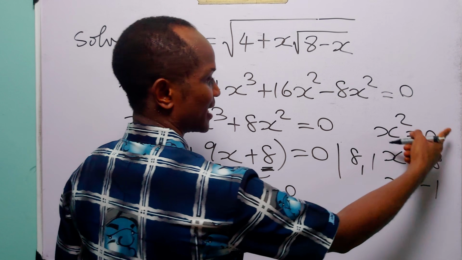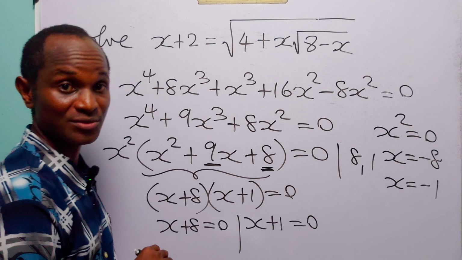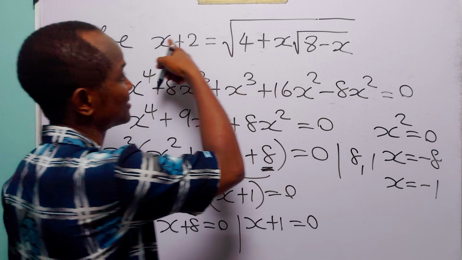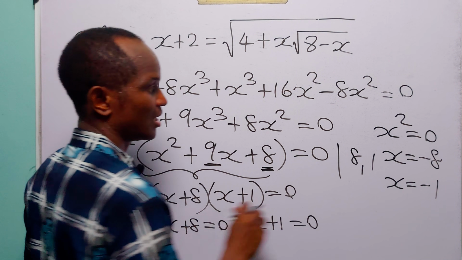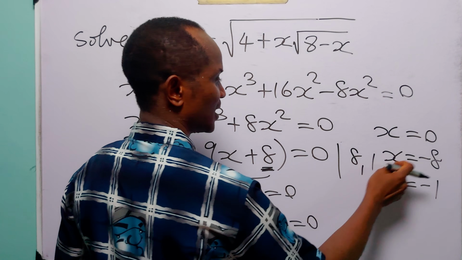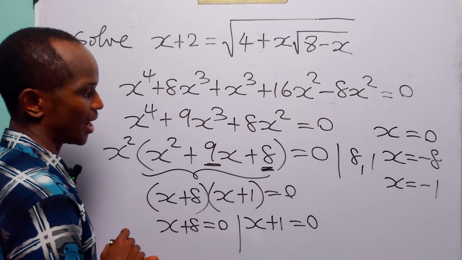Of course, when x² is equal to 0, it simply means that x is equal to 0. So we have three values of x that apparently satisfy this radical equation. We have x equal to 0, x equal to −8, and x equal to −1.